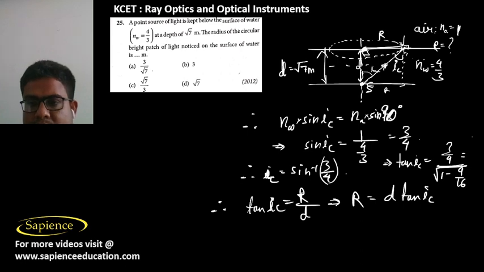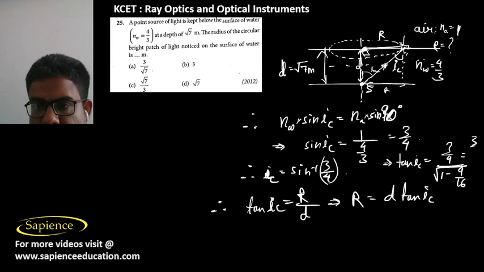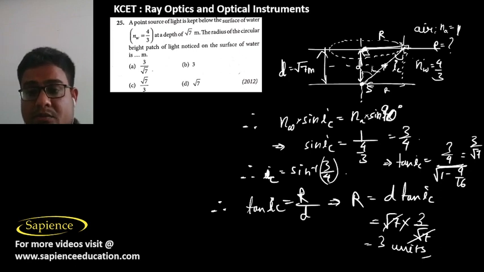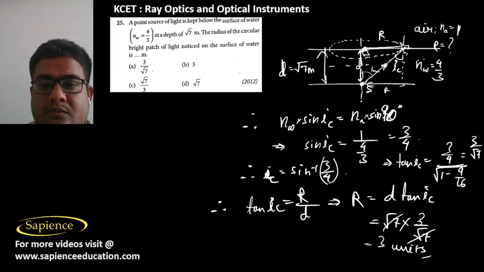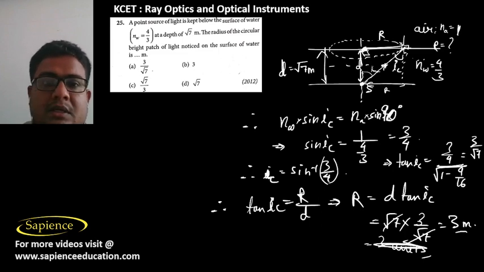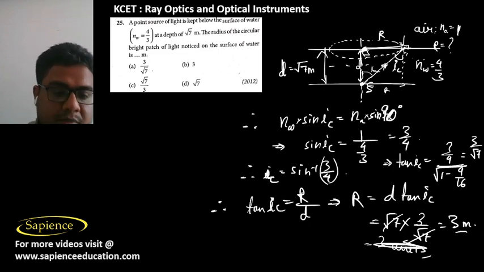So this will be equal to 3/4 by root 7 by 4, so this is 3 by root 7. So this will be root 7 into 3 by root 7, so that will be equal to 3 meters. 3 meters is the radius of that circular bright patch. Option B is the correct answer.